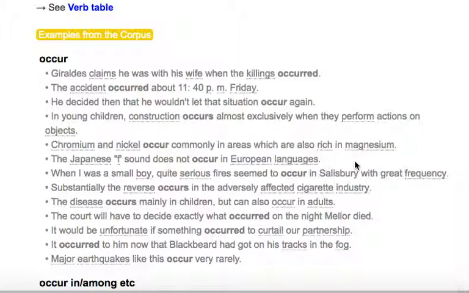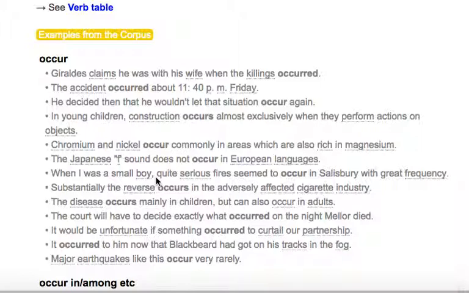Or even better, write them out by hand. The Japanese F sound does not occur in European languages. When I was a small boy, quite serious vowels seemed to occur in Salisbury with great frequency.